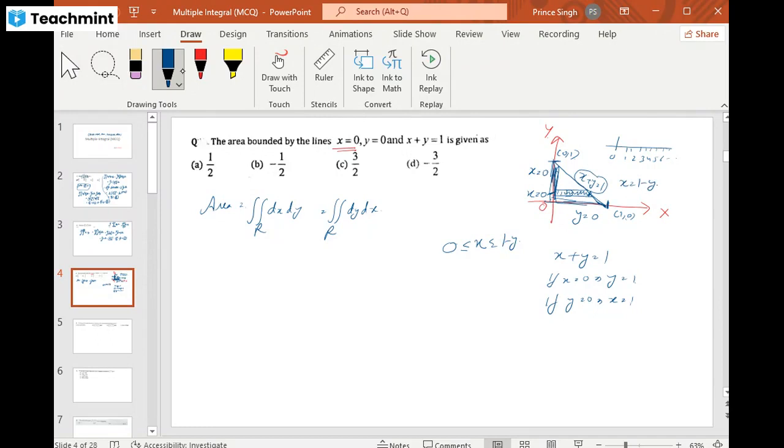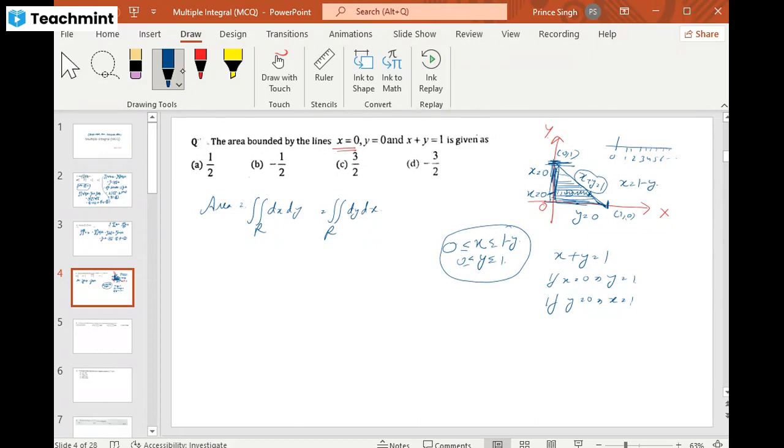This is the limit of x. And to cover this whole region, we need to move this strip from y equal to 0 up to this particular point here, where the value of y is 1. So the limit of y varies from 0 to 1.